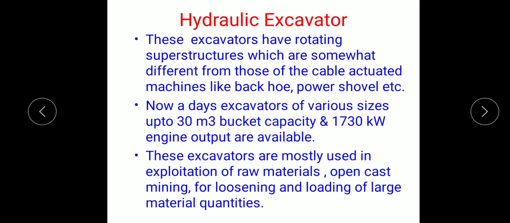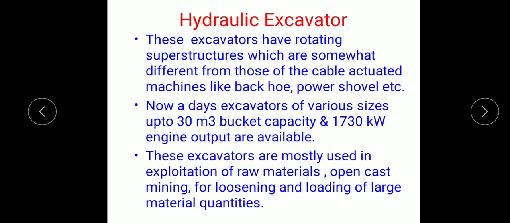In continuation, these excavators have a rotating superstructure which is somewhat different from cable actuated machines like backhoe, power shovels, etc. Nowadays, excavators of various sizes up to 30 meter cube bucket capacity and 1730 kilowatt engine output are available.